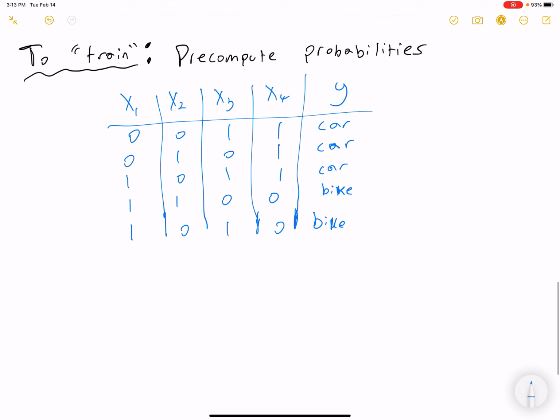So, the probabilities we need are, first we need the probability of each class by itself. Can anyone tell me what's the probability of car from this data set? 3 over 5. Yeah, all correct. What about probability that y equals bike? 2 over 5. Okay.